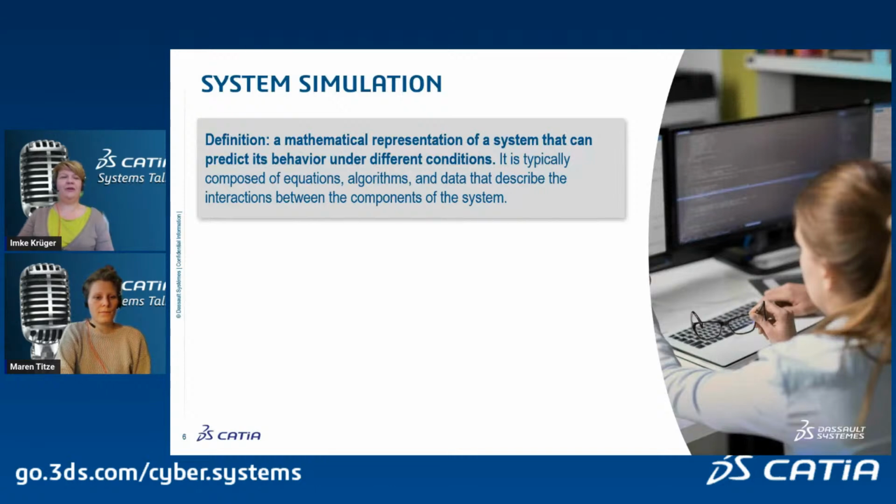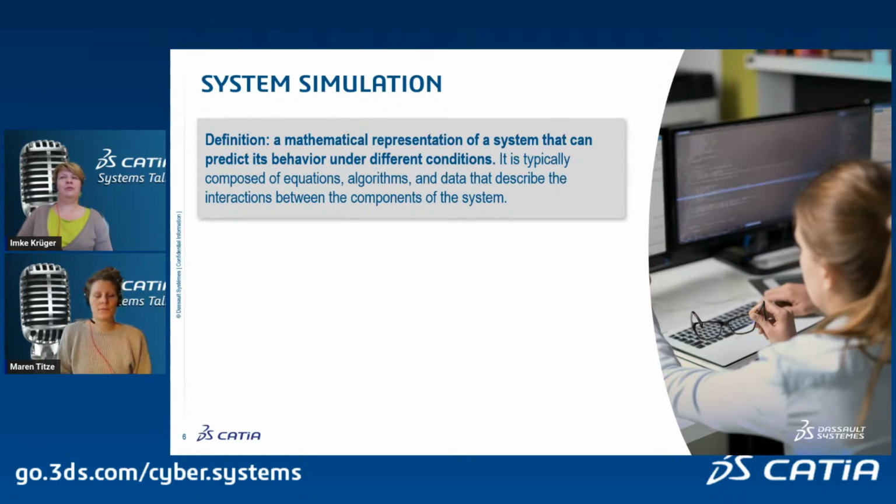Yes, thank you, Maren, for this introduction. Before we start and present our work, I would like to give you a short introduction to system simulation, because mostly on CATIA Systems TV talks, we are dealing with systems engineering. A system simulation is defined as a mathematical representation of a system to predict its behavior in different conditions.